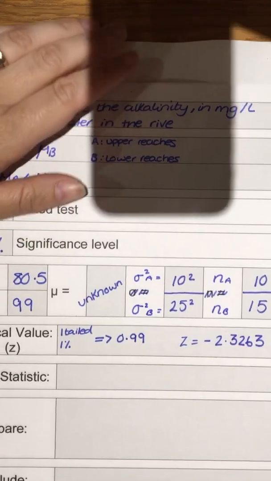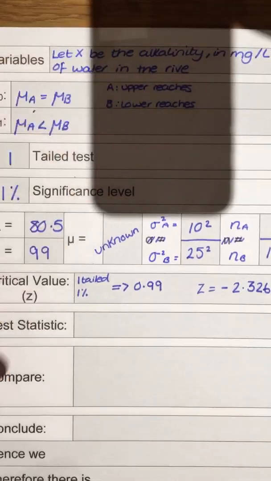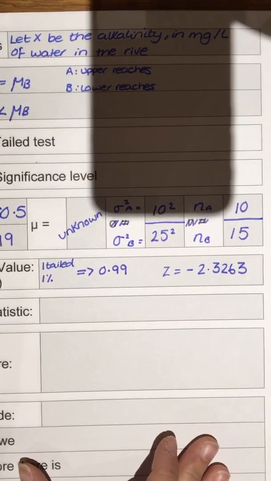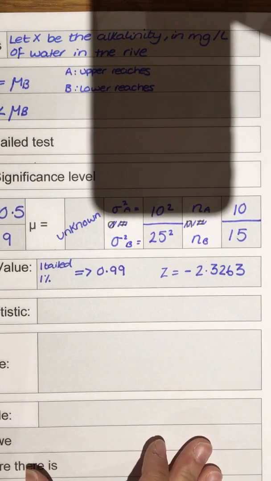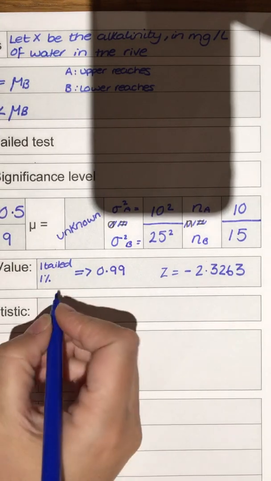Now my test statistic is what we were practicing on task 1 before we got to this part, so I'm not going to spend too long on this, but just make sure we're doing this correctly.